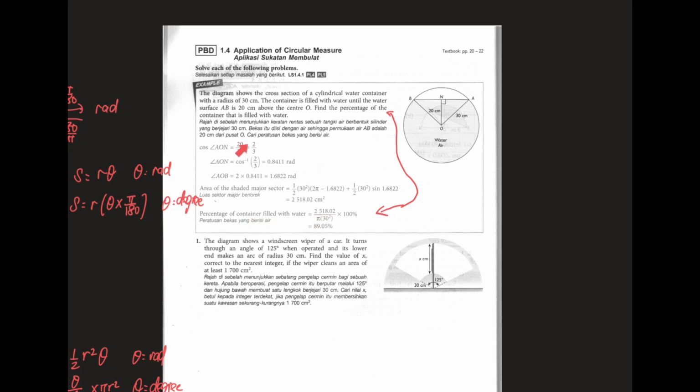So they are trying to work out the area of the shaded region. What they do first is find cos angle AON. Try to imagine AON is a right angle triangle, and you want to find this angle.